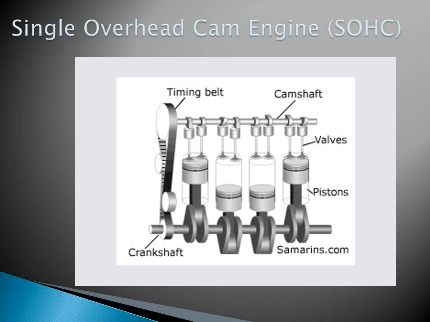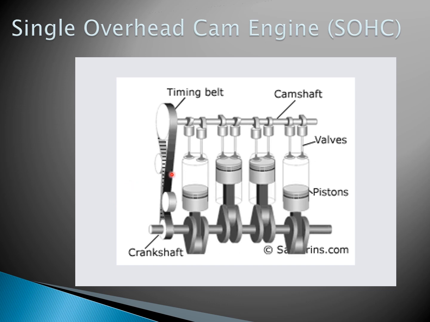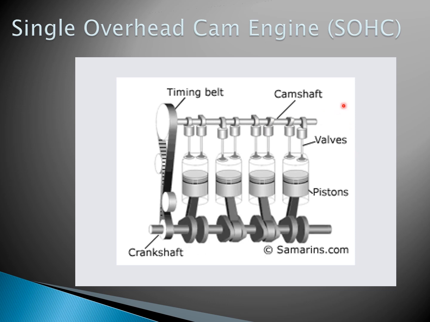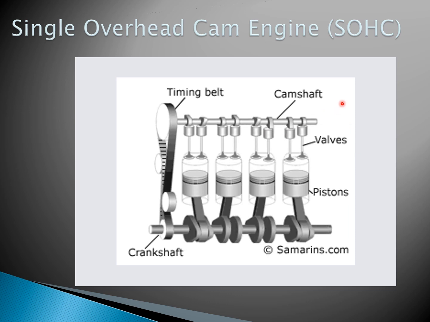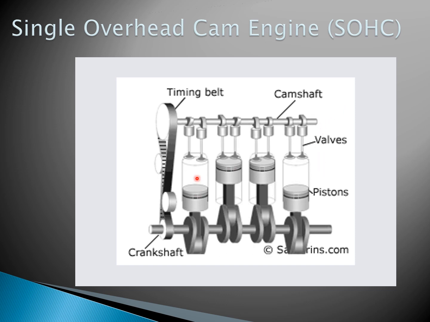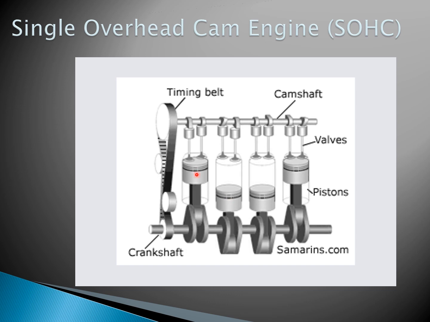All right, so we just have a few more slides on this video, but here's a rudimentary illustration of a single overhead cam engine. Now this is a 4-cylinder, so a 4-cylinder would only have 1 head.